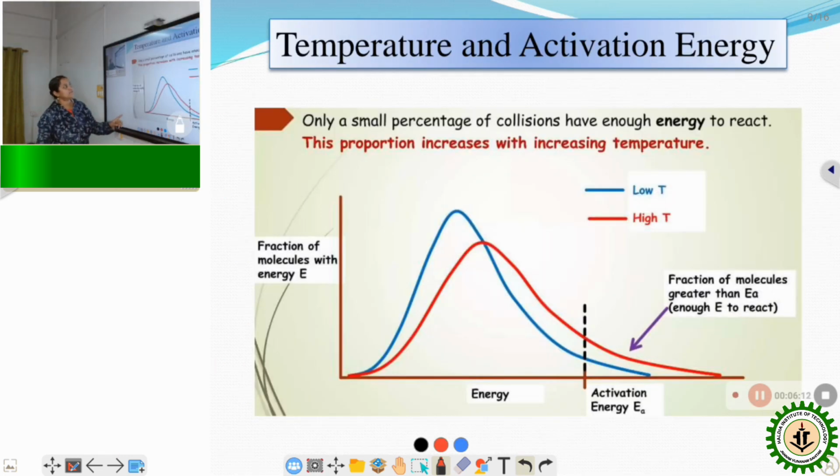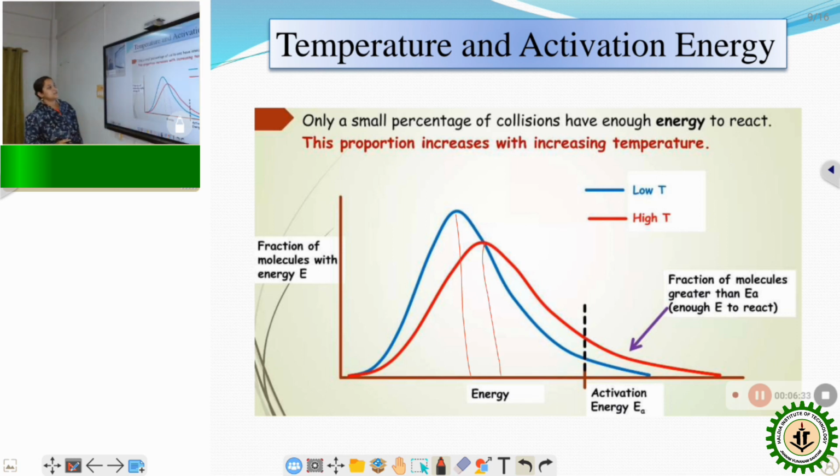So if we are talking about the temperature relationship with the activation energy, the blue curve is the plot of the Arrhenius diagram at low temperature, whereas at high temperature we can see that the peak height is decreasing as we go from low temperature to high temperature.